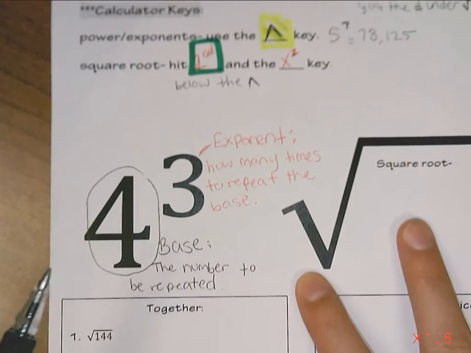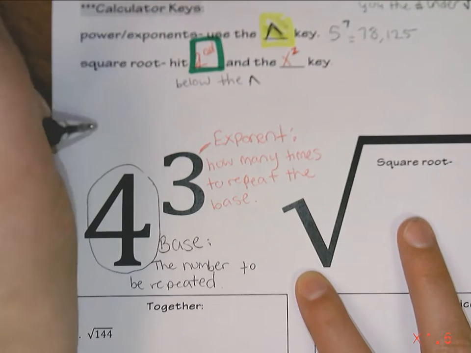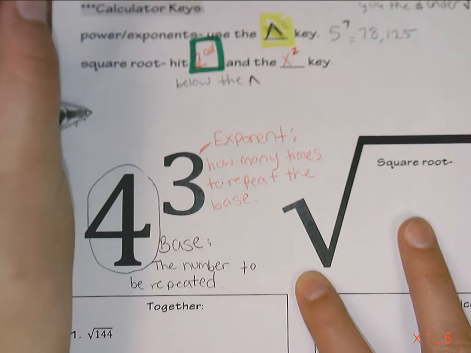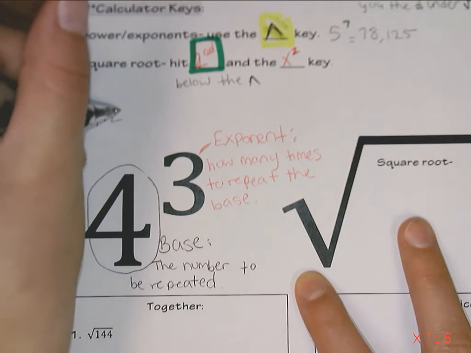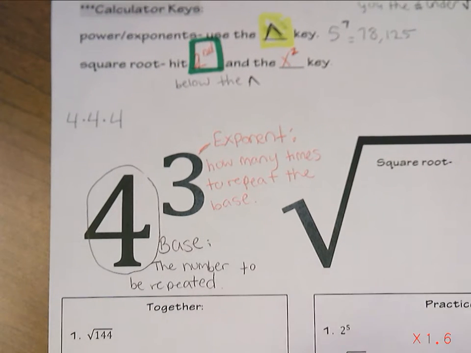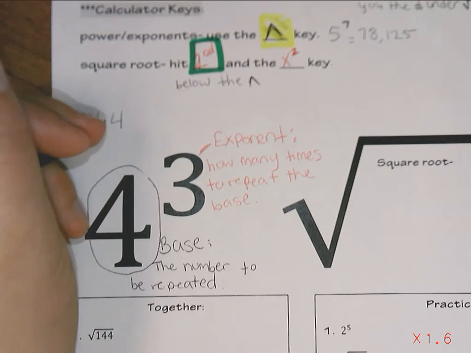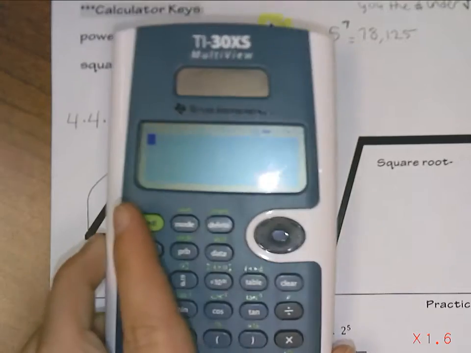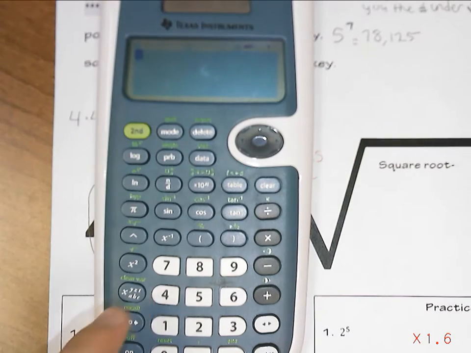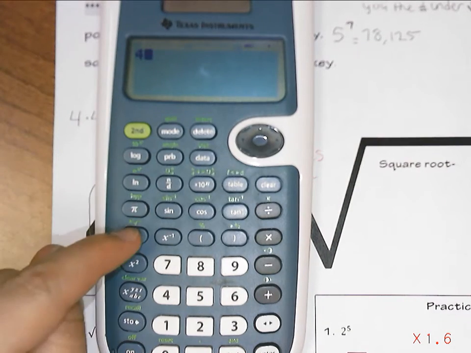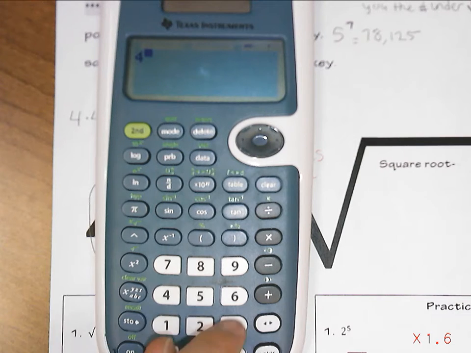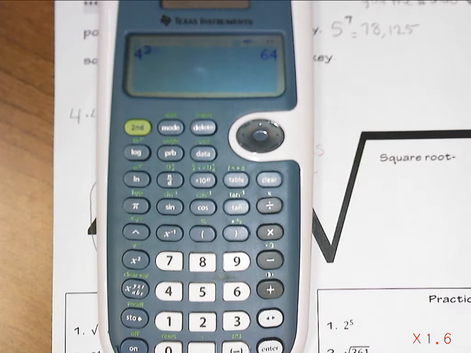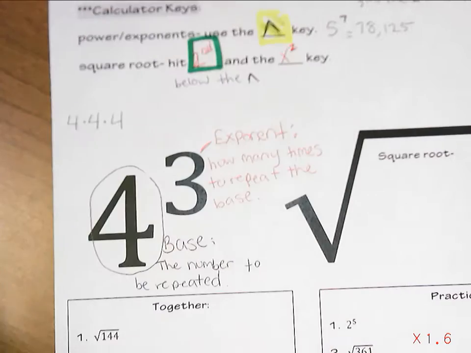So you'd have 4 times 4 times 4. Some people can do 4 times 4 in their head quick, that's 16. But 16 times 4 might be hard. And so that would be a great time to go 4, hit your caret key to the 3rd power, and hit enter. And you get 64.